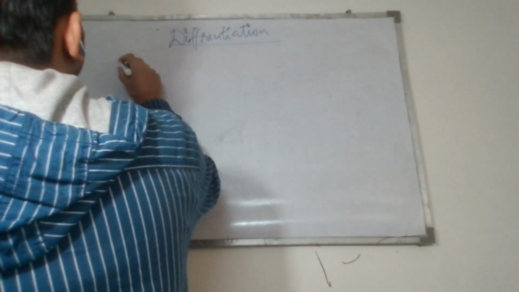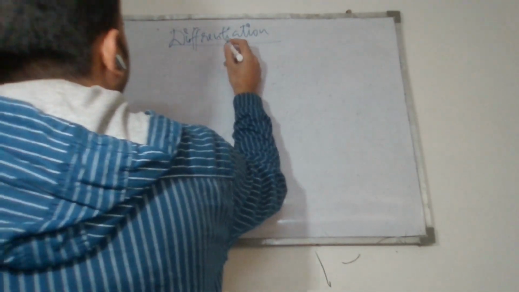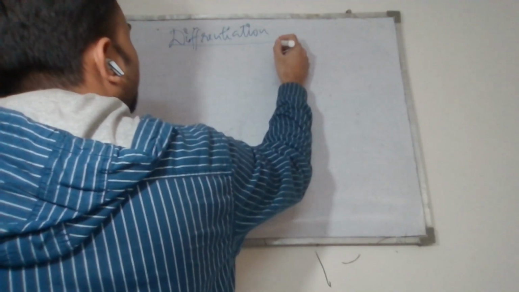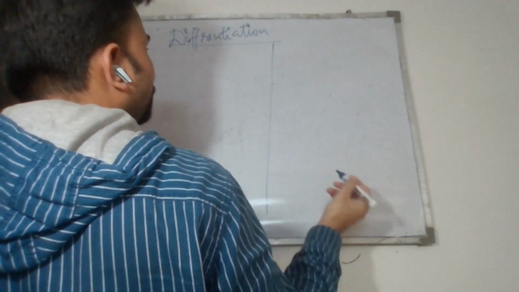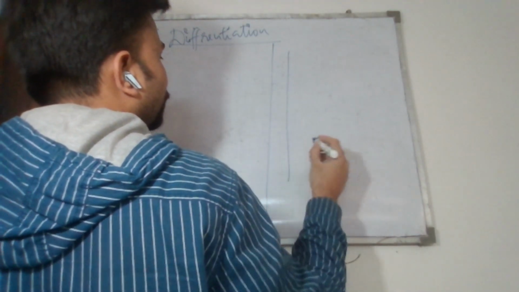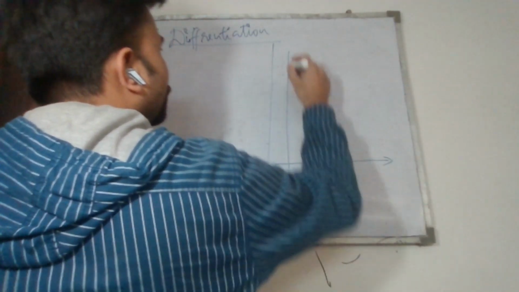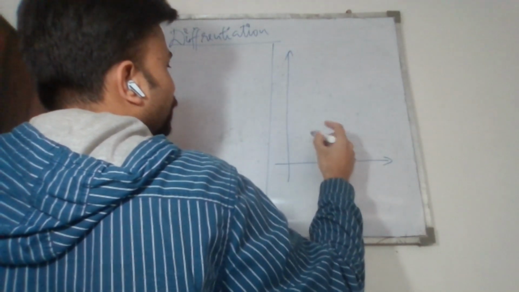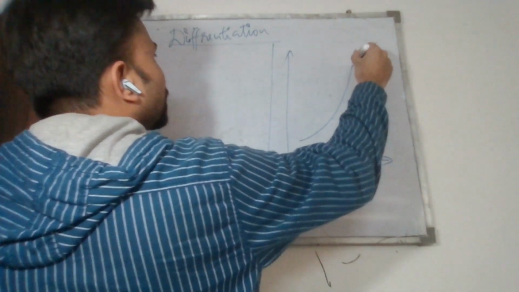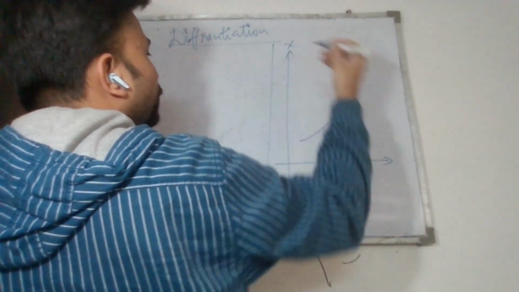Let's see, if I draw a graph, what would the graph look like? The graph would look something like this. This is how the position of the particle is changing.